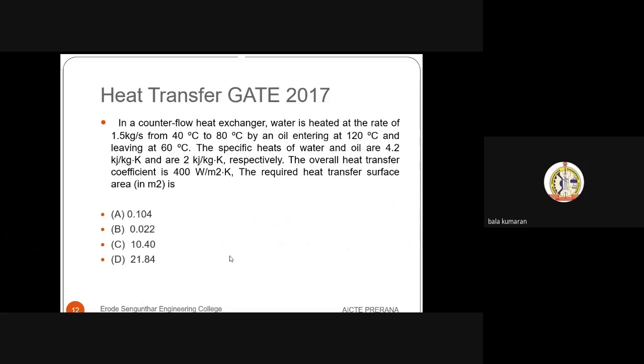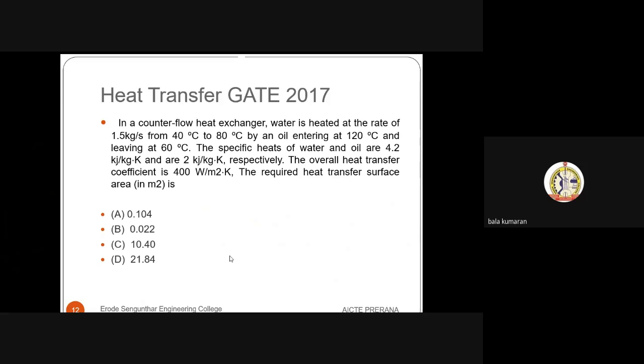In a counterflow heat exchanger, water is heated at a rate of 1.5 kilogram per second from 40 degrees Celsius to 80 degrees Celsius by oil entering at 120 degrees Celsius and leaving at 60 degrees Celsius. The specific heats of water and oil are 4.2 kilojoule per kilogram Kelvin and 2 kilojoule per kilogram Kelvin respectively.